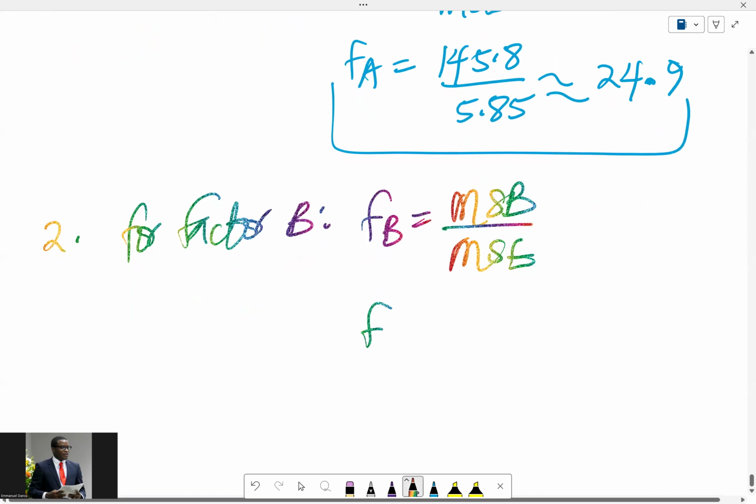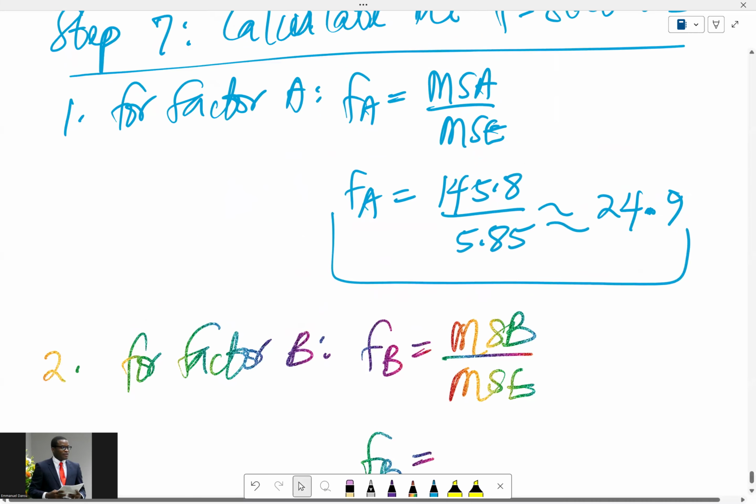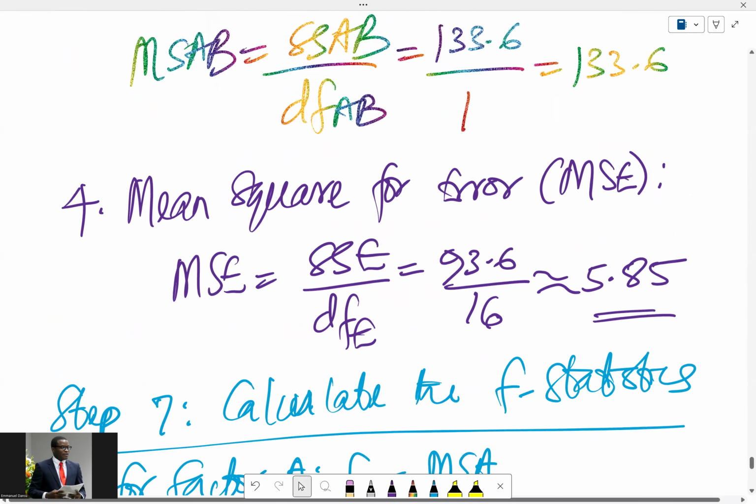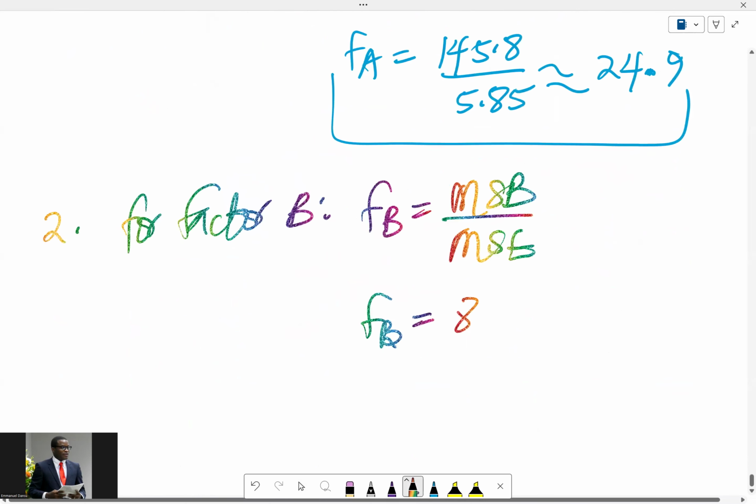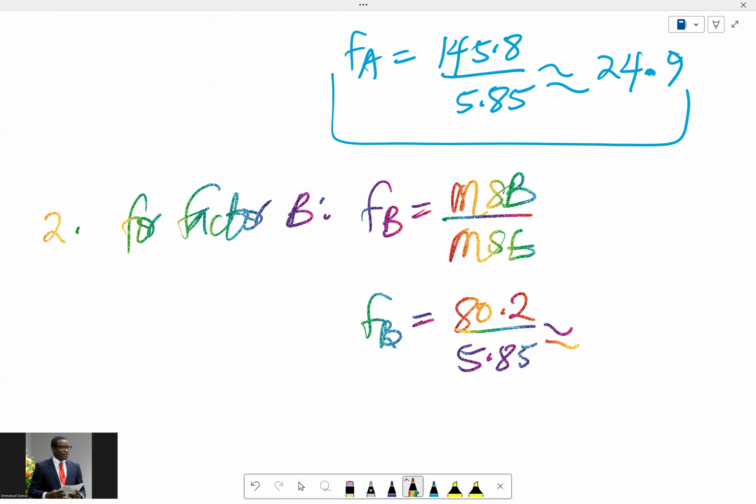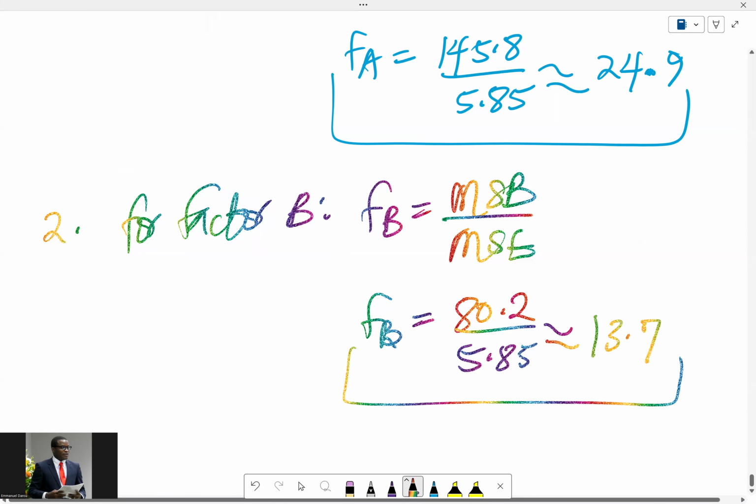MSB is 80.2, so 80.2 divided by 5.85 is approximately 13.7. That is FB.